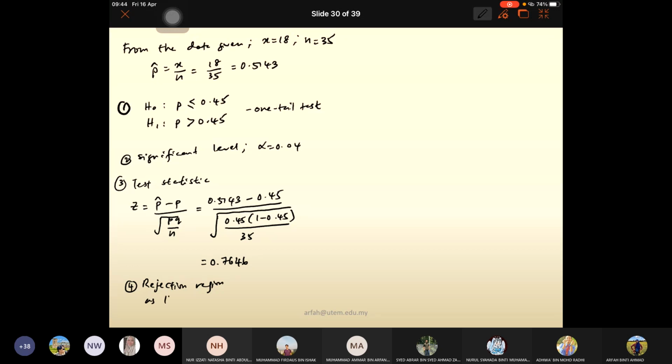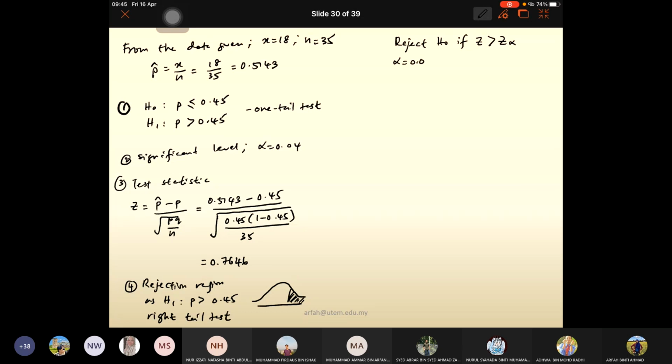Okay. So, dia akan jadi right tail test. Reject H null if Z greater than Z alpha. Okay, so dia akan jadi belah kanan.